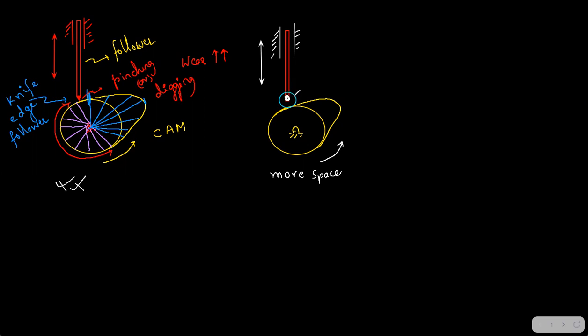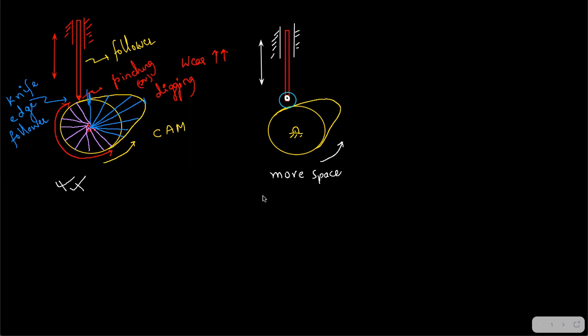So will it be able to take that much of loads? No. If you need to increase the diameter of the pin, automatically you have to increase the diameter of the roller, right? So you need more space. So in IC engine, in our engines we won't have much of space. So even if this is the solution, it needs more space. So we have to again search for new cases of how to check about the followers.